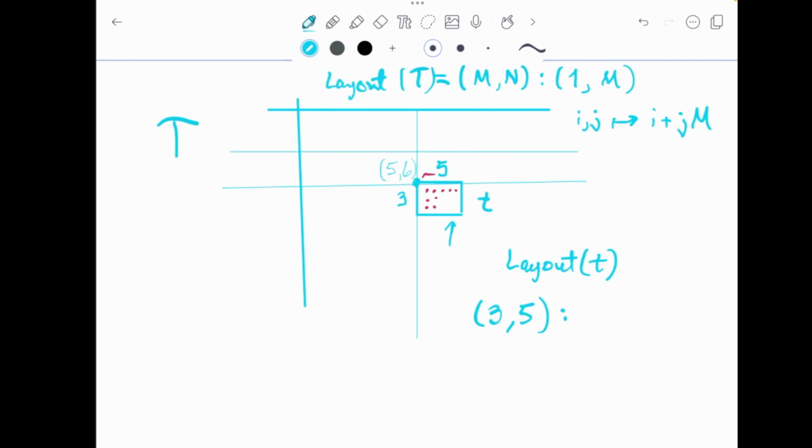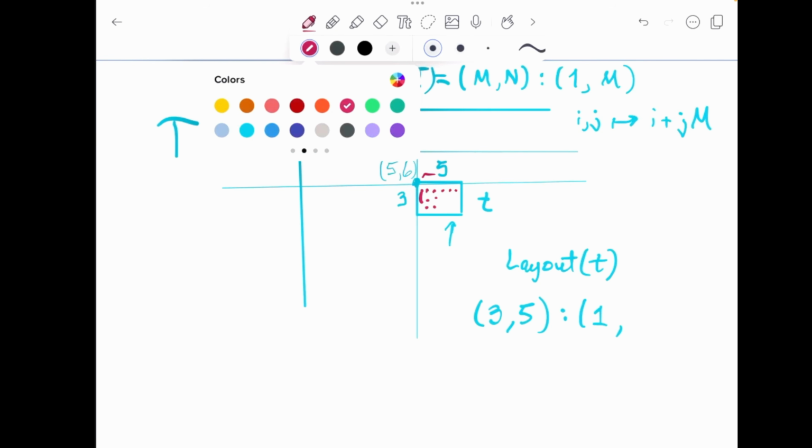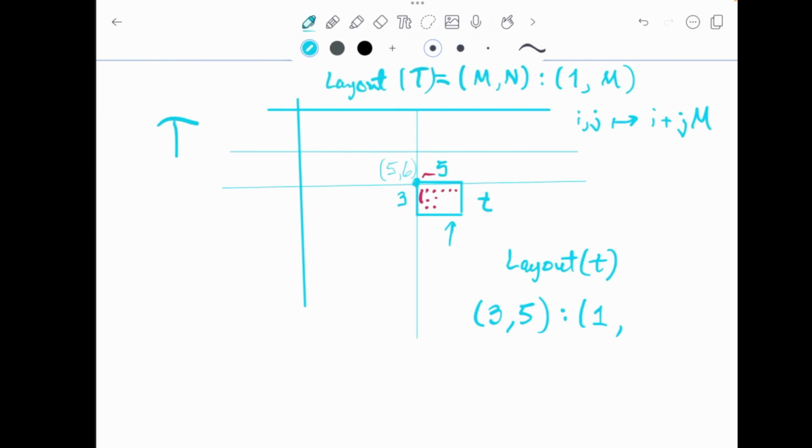So the stride in the I direction is still 1. Okay. But then what if I increment it in the j direction? So what if I go from here to here, keeping the I direction constant? Well, the amount that it changes is still the same as it was before. So the upshot of what I'm trying to say here is that when you take a subtile, the shape changes, but not the stride.